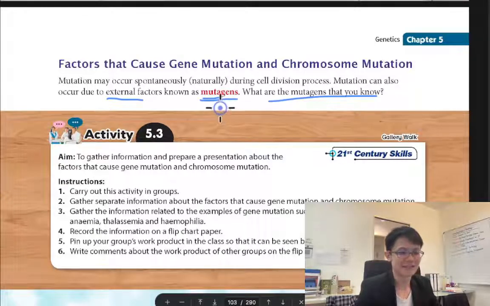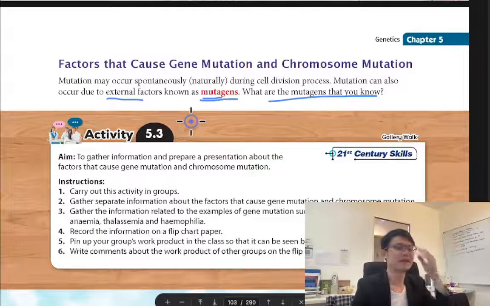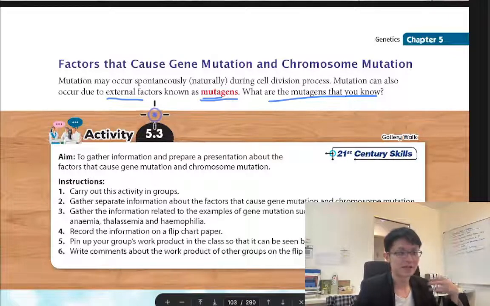But usually these things don't happen, because usually when mutation happens, the thing will become worse, not good. So usually more mutation means more people will die, unless you are very lucky, then you get a very good mutation.